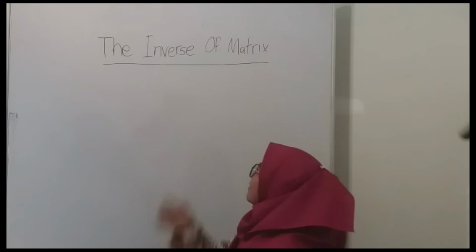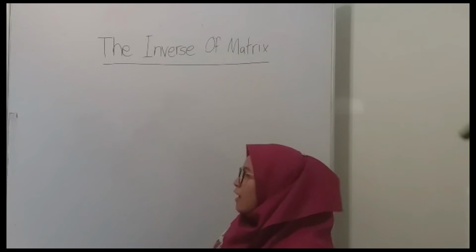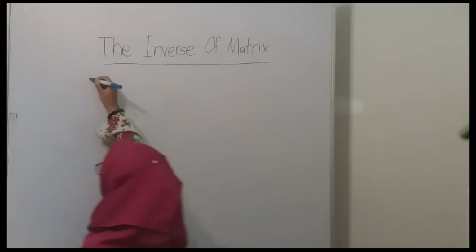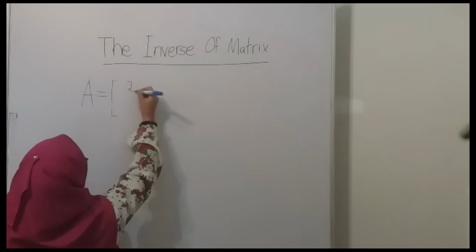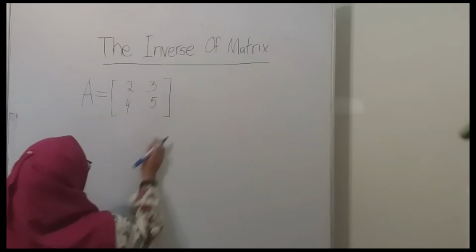So, we will move on to the inverse of a matrix. I will show you how to solve the inverse of a 2 by 2 matrix. So, the first example will be 2, 3, 4, 5. Okay.